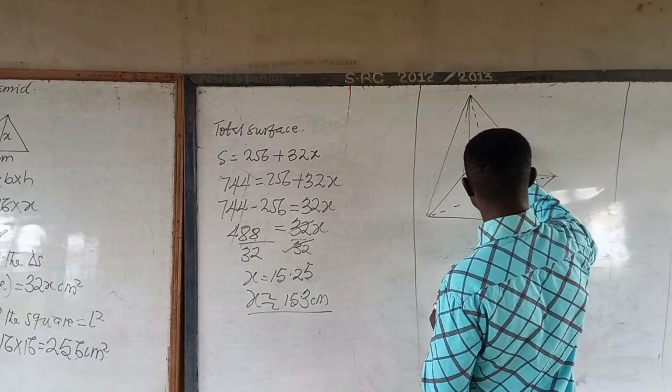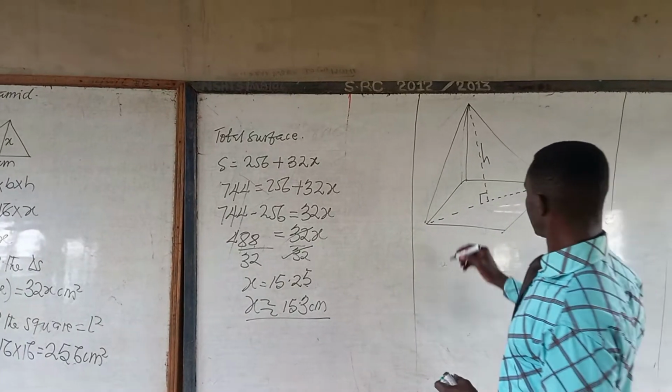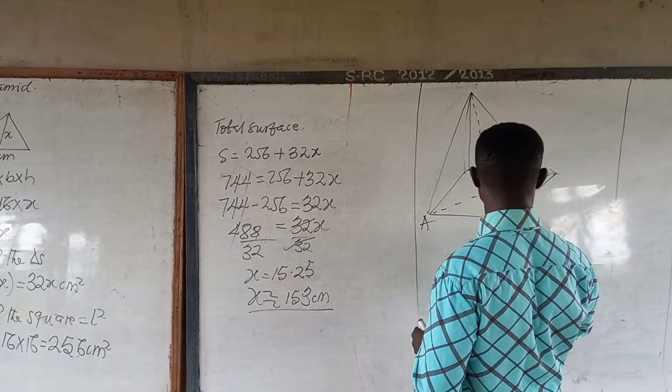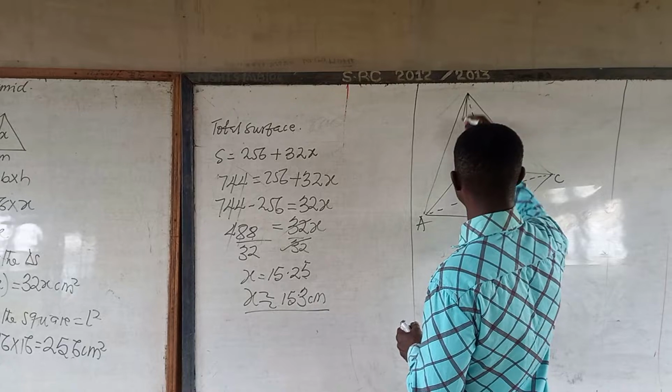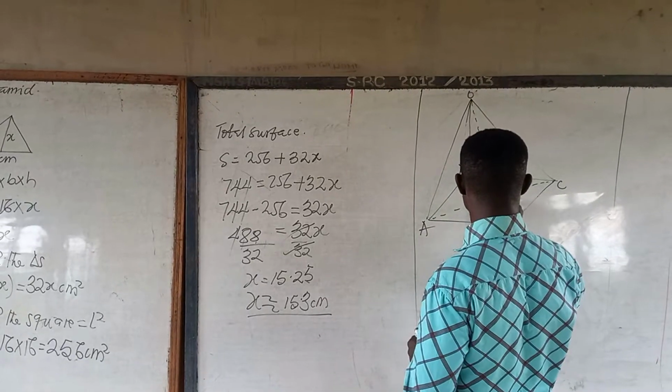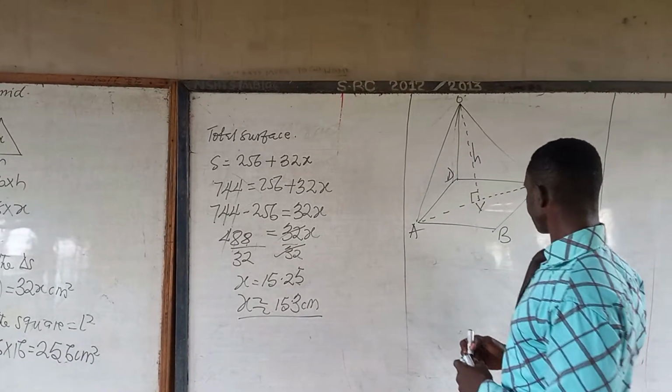This is the height of the pyramid. And the pyramid A, B, C, D. I've drawn the pyramid with the top here being O and here V.